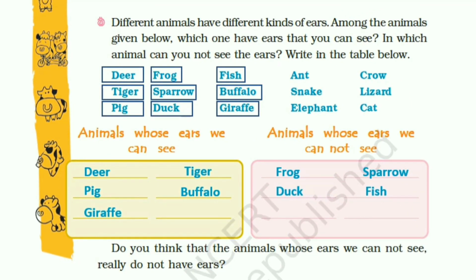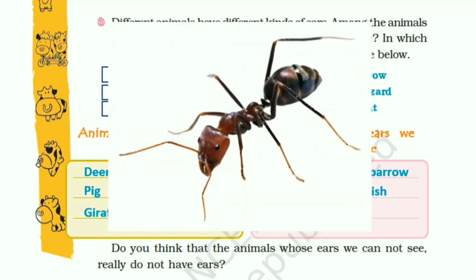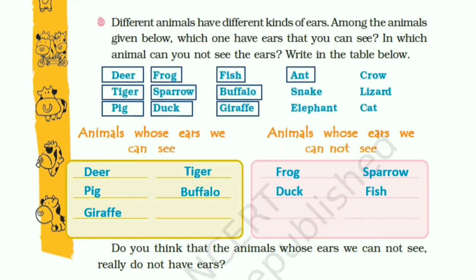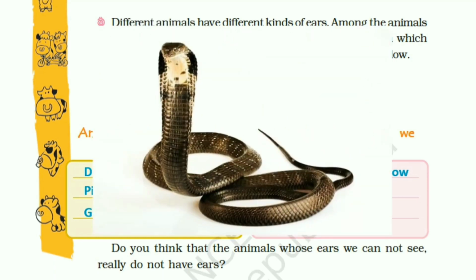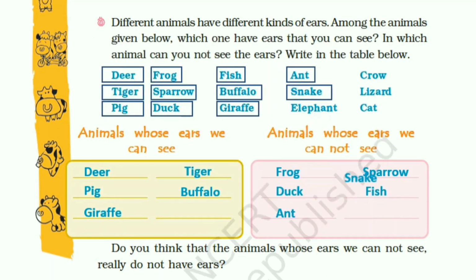Then ant. Here is the picture of the ant. It doesn't have ears, so it goes to table number 2. Then snake. Here is the picture of the snake. It doesn't have ears. It goes to table number 2. Elephant.